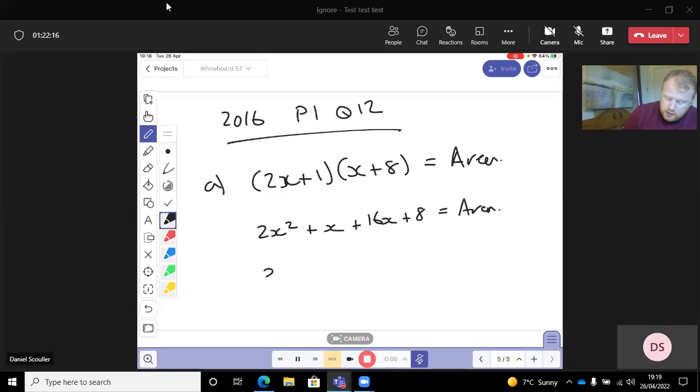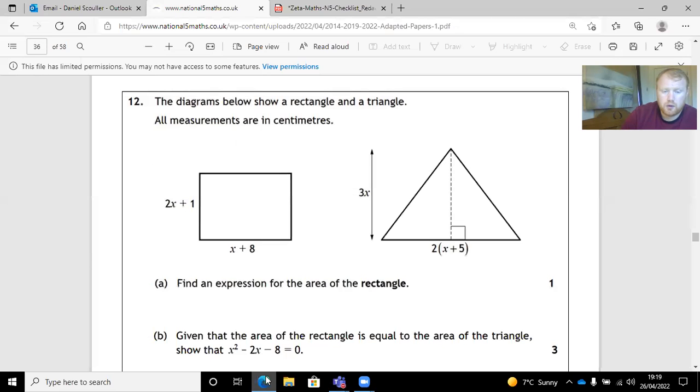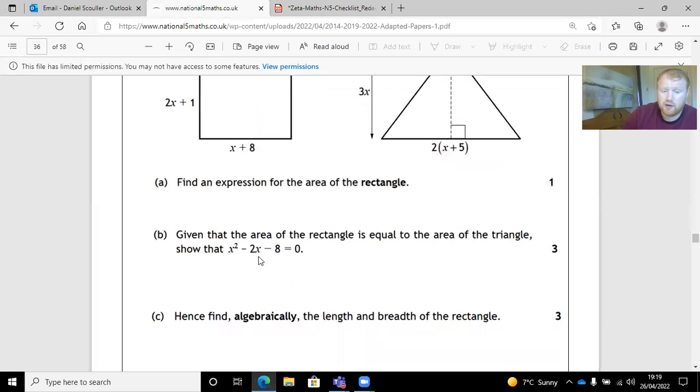Okay, so tidying that up. And that's your expression for the area. Okay, so I've just multiplied that 2x plus 1 with x plus 8, put them both in brackets, broke out those brackets to find that expression.